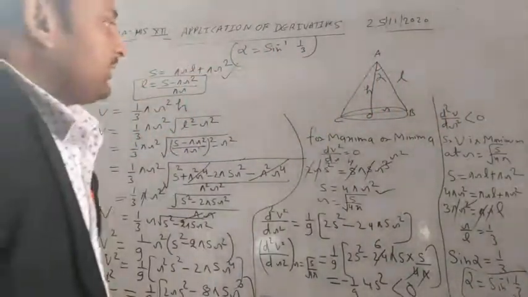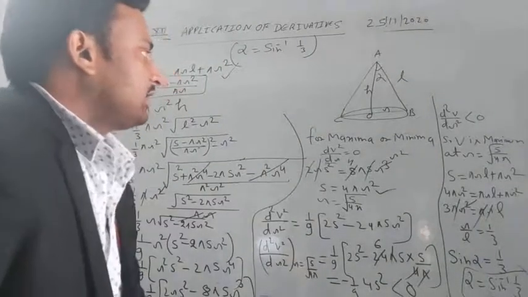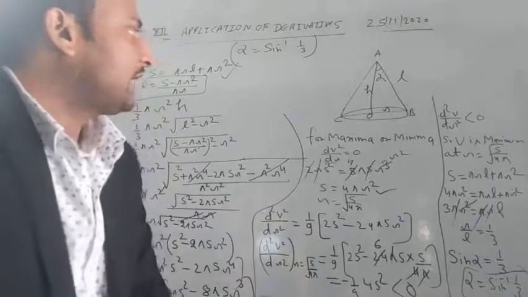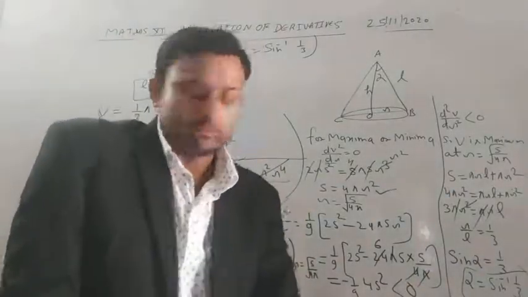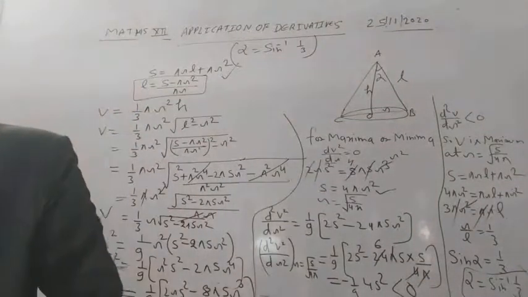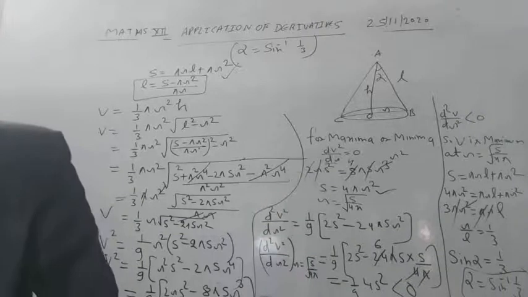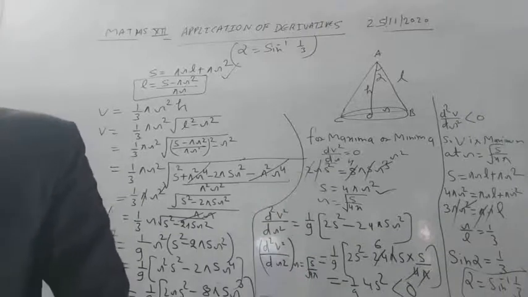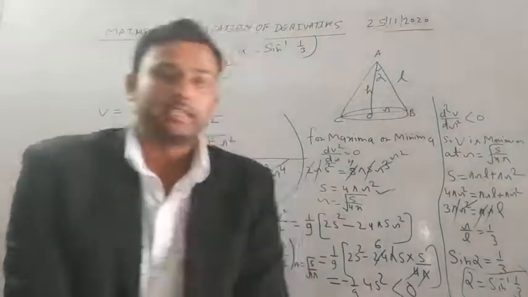So overall, in this question we are given that the semi-vertical angle alpha of a right circular cone, given surface area and maximum volume, is sin inverse 1 by 3.